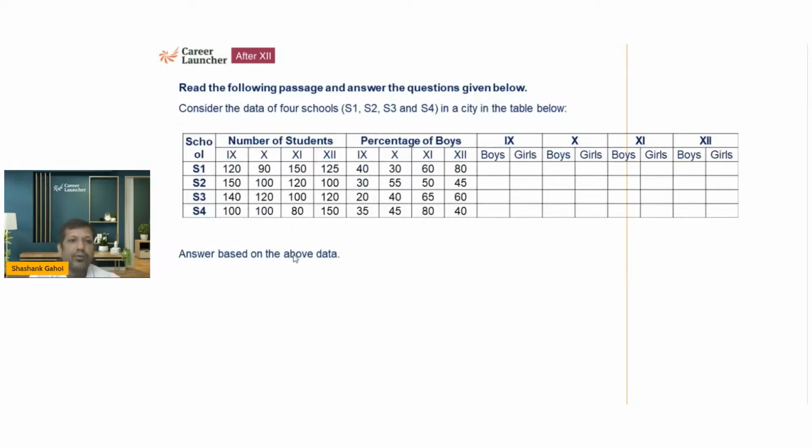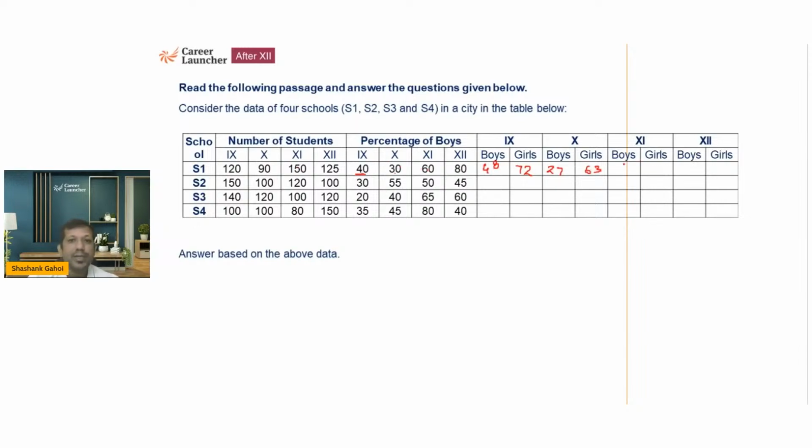Now out of 120, we have 40% of the boys in class 9. So 40% means 48. So girls are going to be 72. Okay. Out of 90, we have 30% of the boys, means 27 and 63. Okay. Out of 150, there are 60% of the boys.